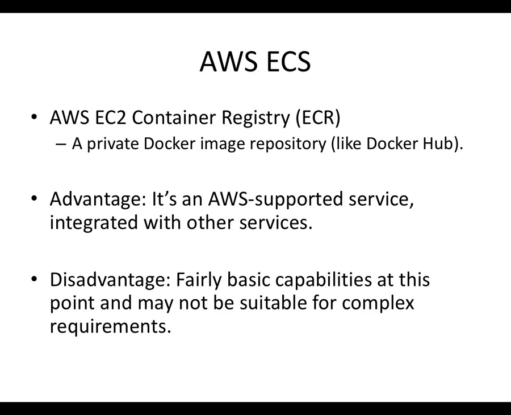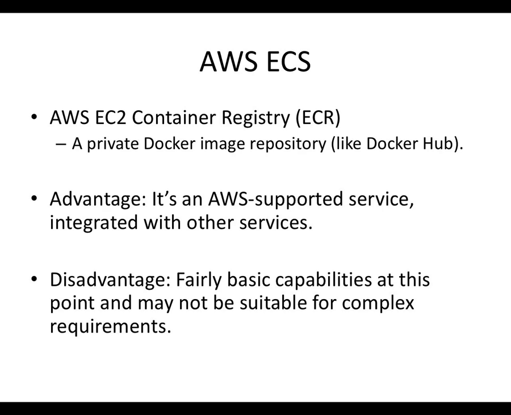There's another piece to ECS that's called ECR, the AWS EC2 Container Registry service. ECR is basically like Docker Hub. If you want to stand up a private Docker image repository, then you can use the ECR service as your corporate Docker repository. And obviously it integrates nicely with ECS.